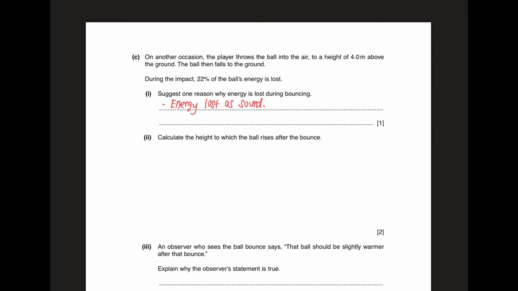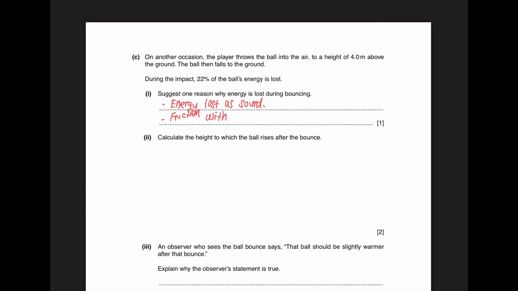Okay, so if you want to say heat energy, first you have to mention friction.